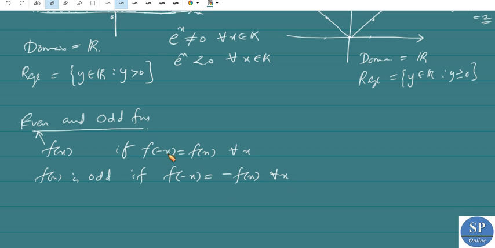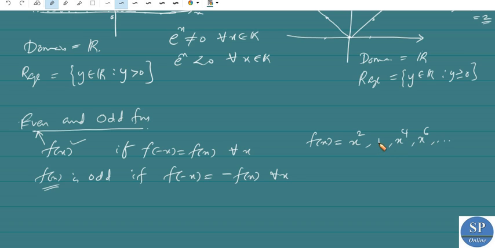That is, if we replace x by minus x in the function, and we get the same function, then we can say that the function is even. And if we replace x by minus x and we get minus f of x, then the function is said to be odd. Okay, for example, f of x equal to x square, or any constant function, or x power 4, x power 6, etc. These are the even powers of x.